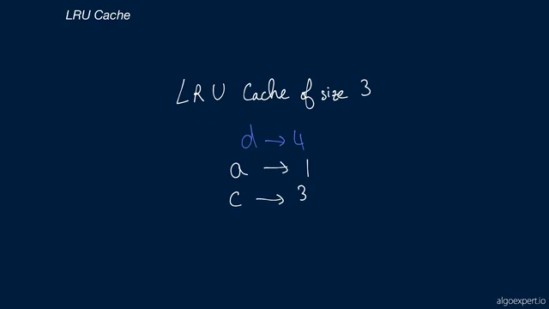And then lastly, if we were to try to access the key value pair B2, so if we were saying, get value from key B, then we would want to return the null value or the none value because B is no longer in the cache.